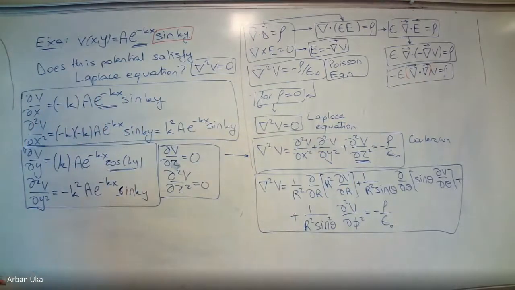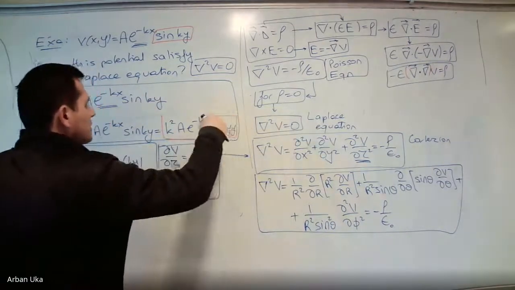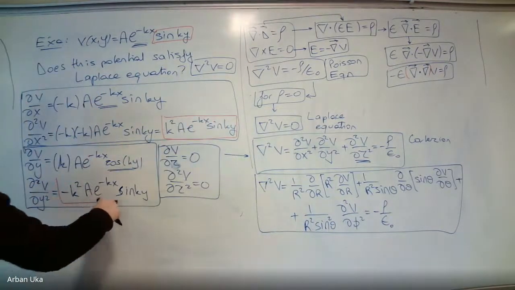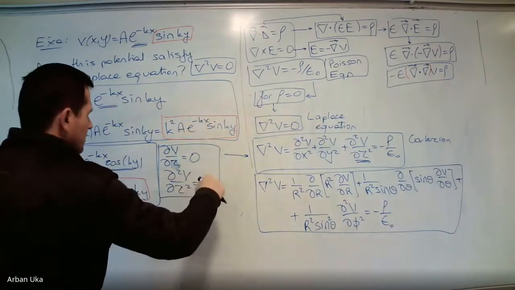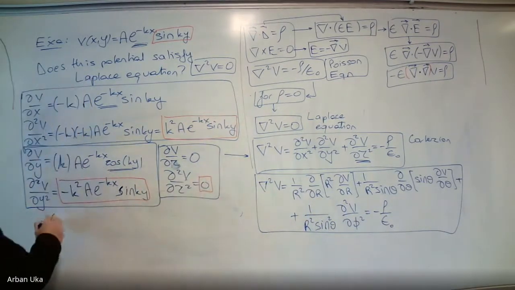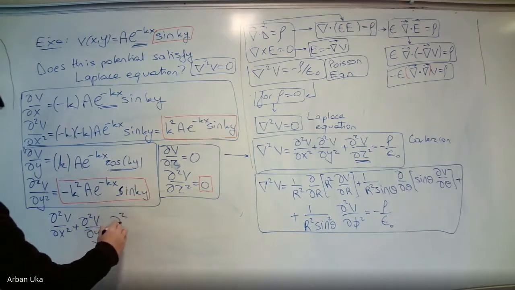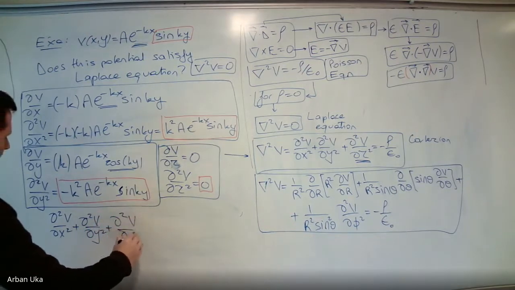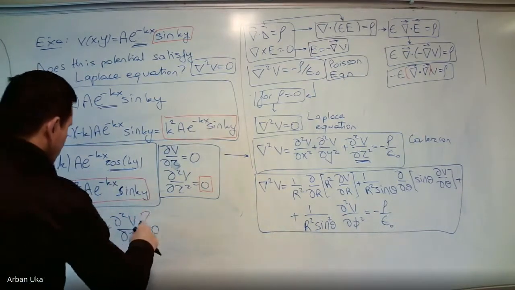And then what we can observe is that if we add this term here and this term here, we get 0. Because the second derivative of the potential with respect to x squared plus the second derivative with respect to y squared plus the second derivative of the potential with respect to z squared. The question is, is this equal to 0? So we are checking for this.